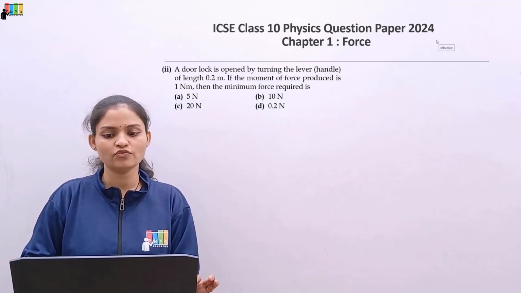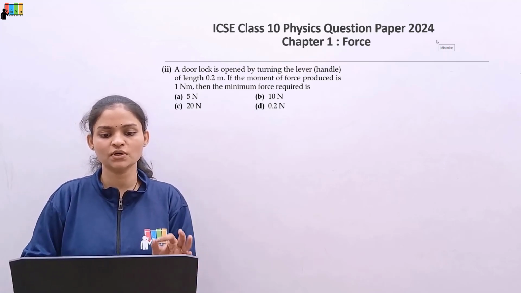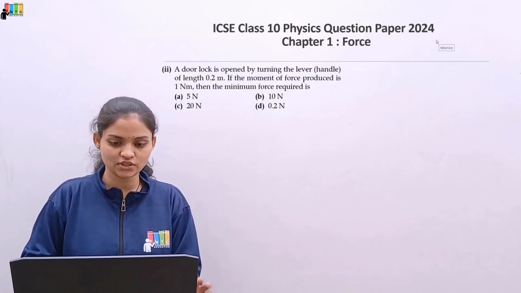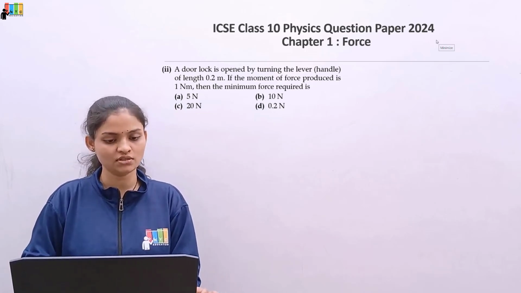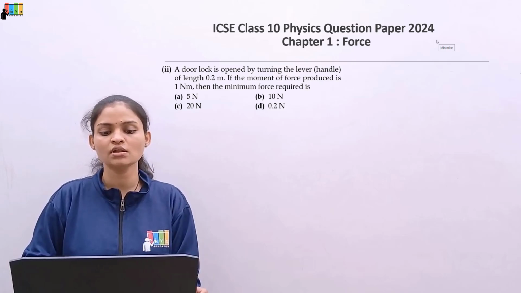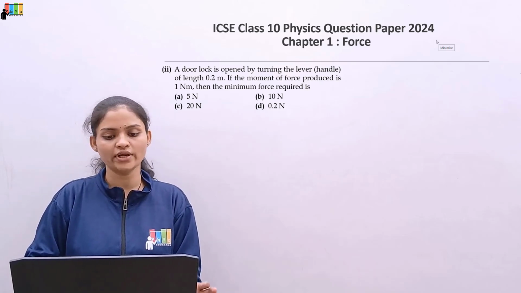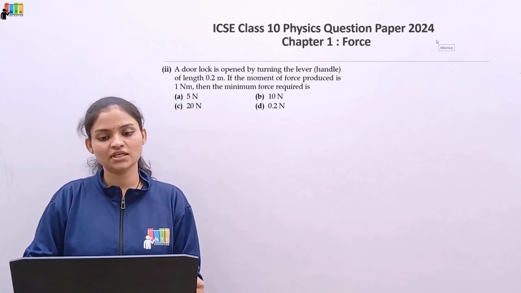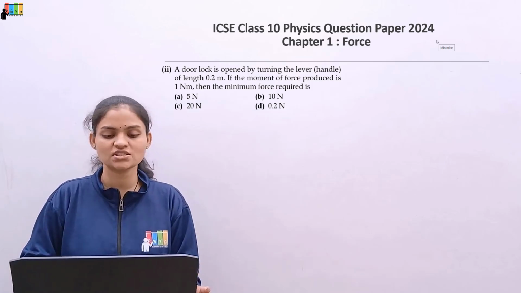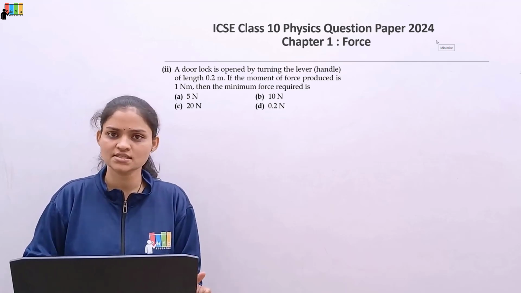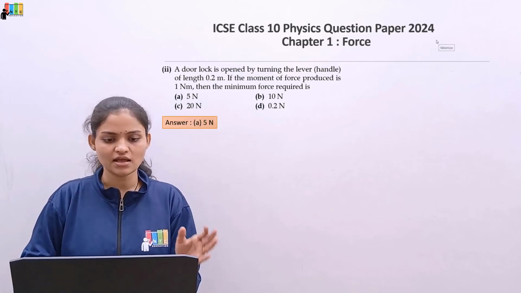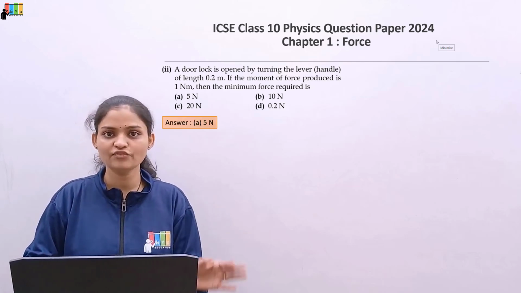If the moment of force produced is 1 Newton meter, then the minimum force required is option A 5 Newton, option B 10 Newton, option C 20 Newton, and option D 0.2 Newton. This is a numerical question, but again the calculations are very simple. What is the answer? The answer is option A, 5 Newton.